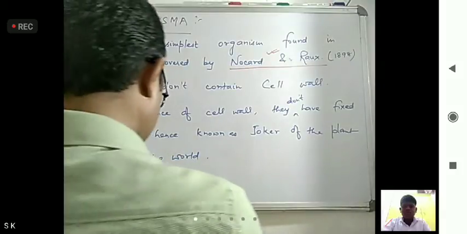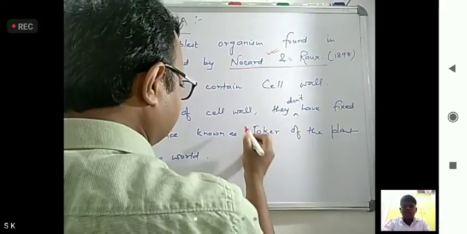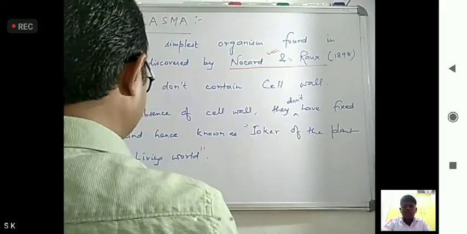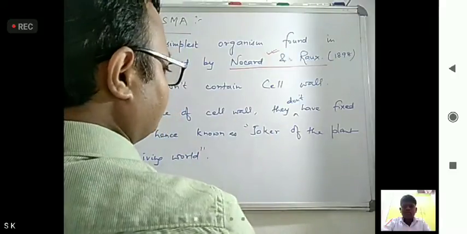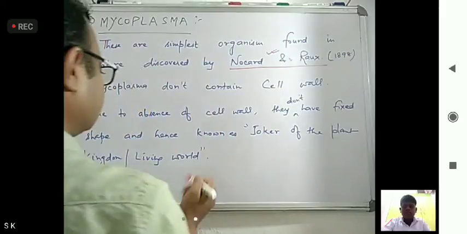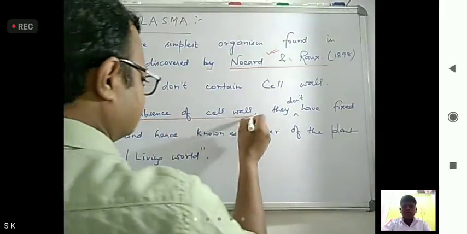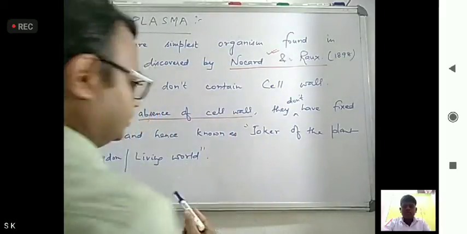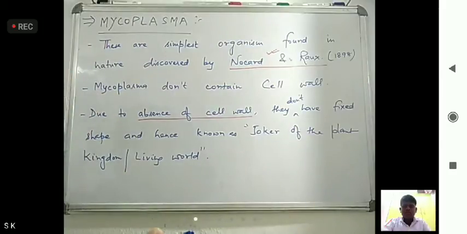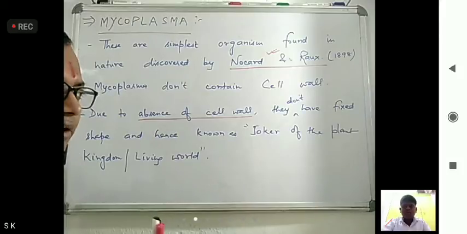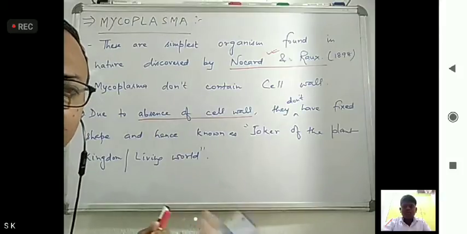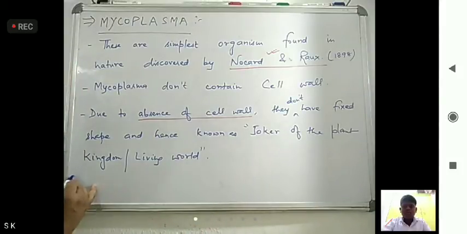Okay, so which organism is known as the joker of the living world or plant kingdom? That is mycoplasma. Why is it known as that? Because of the absence of cell wall. Since they don't have a fixed shape, they have an irregular shape. Sometimes one shape, sometimes another shape.